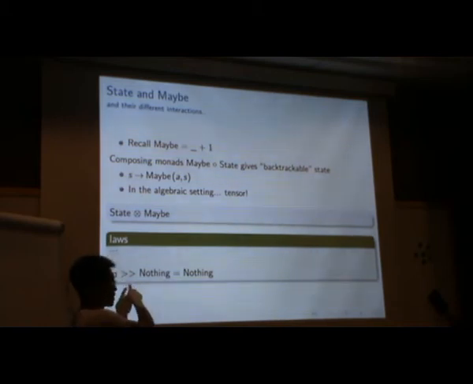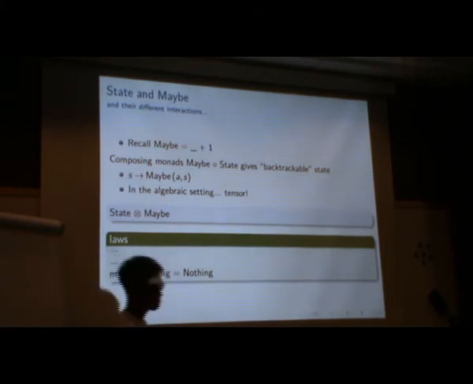And I've written it in terms of monadic bind here, but essentially what I'm saying is if I have a computation followed by nothing, then followed by a failed essentially, then that's also going to be a failed computation. Reason being, let's say this is an update. If I write something and then it fails, well, I mean that's the same as discarding whatever was written. So this is exactly a backtrackable sort of behavior.